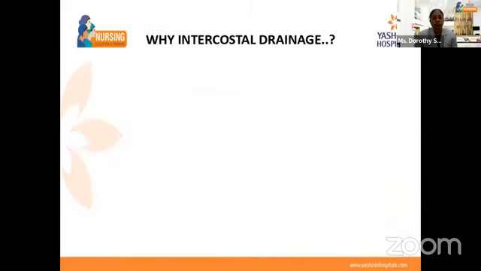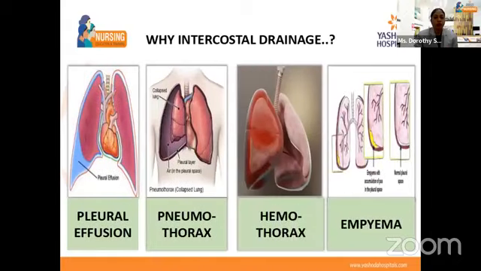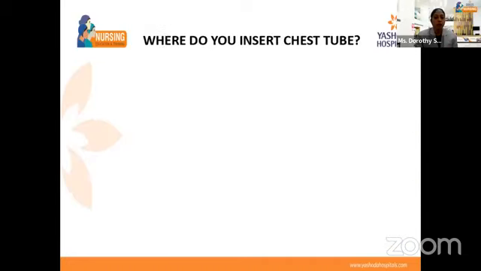Why intercostal drainage? There are some clinical conditions where the intercostal drainage or ICD drainage is indicated. One such condition is pleural effusion. The other conditions are pneumothorax, hemothorax, and empyema. Now the question arises, where do we insert the chest tube?